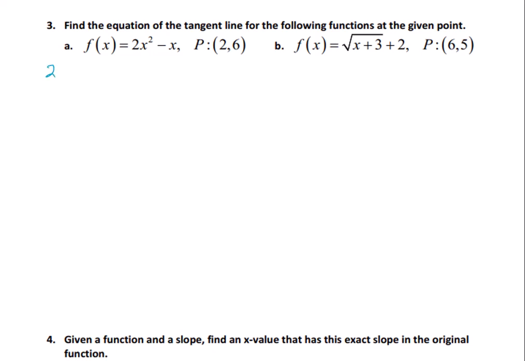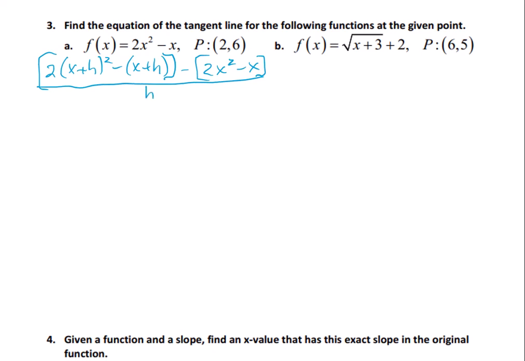So I've got 2 times x plus h squared minus x plus h. There's my y2. My y1 is 2x squared minus x. All of that's over h. We're wanting the limit as h is moving towards 0.